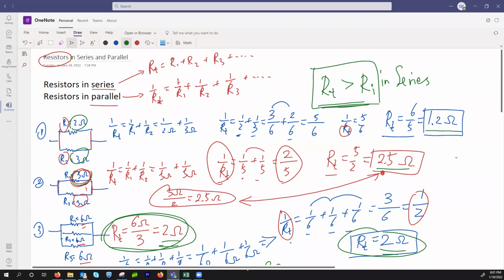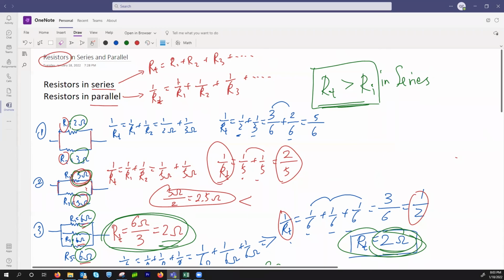Compared with each individual resistor, 5 ohm, it is also smaller. Next example, the total value was 2 ohm. It is also smaller than each individual resistor being connected. From all those examples, we can find out the total value of the resistance will always be smaller than each individual resistance if it is connected in parallel.